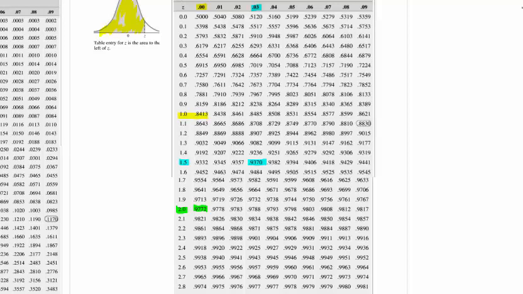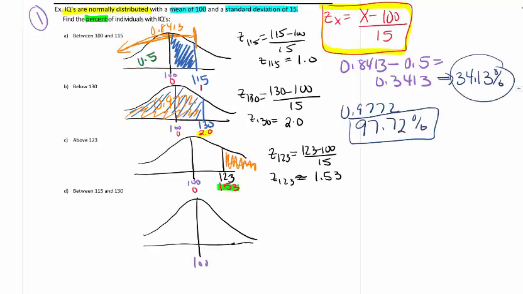This is giving you the full area to the left. The chart is always giving you to the left. So if we go back over here, the z-score of 0.9370 is the range from the left of 1.53.